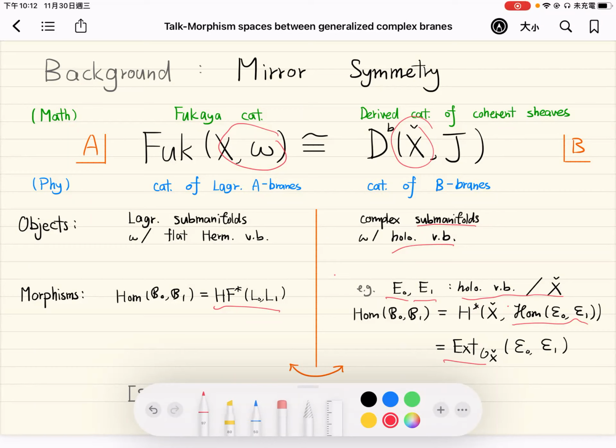However, in 2003, there was a paper by Kapustin and Orlov. They discovered a new kind of objects on the A-model side, and they call them coisotropic A-branes.